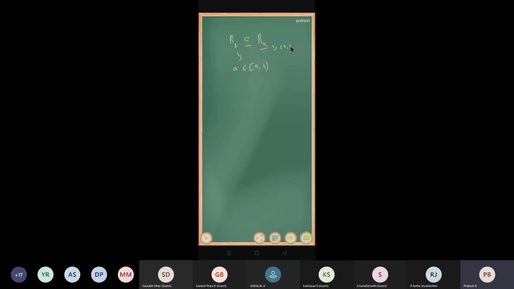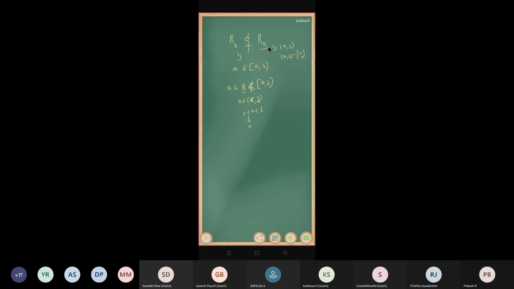RK has two types of basis elements, but in both cases, if A belongs to the open interval C comma D, meaning C less than A less than D, then there are some other elements X which are between C and A, but that X does not belong to the closed open A comma B. Therefore, it will not be a subset of closed open A comma B, right? So this relation will not hold.